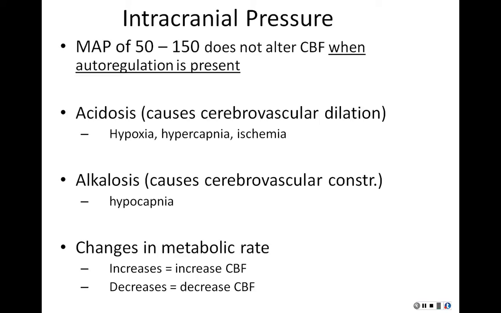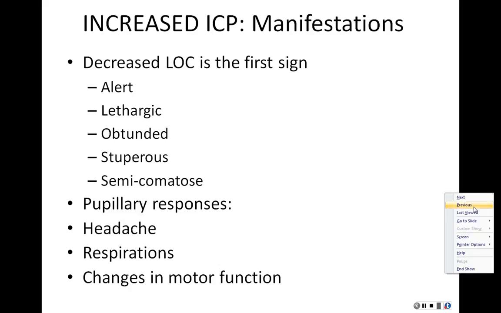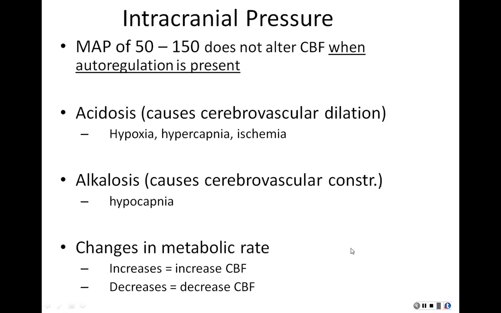We get dilation and we get acidosis. If we've blown off too much, then we're going to get alkalotic. Any change in the metabolic rate matters as well, we know that.